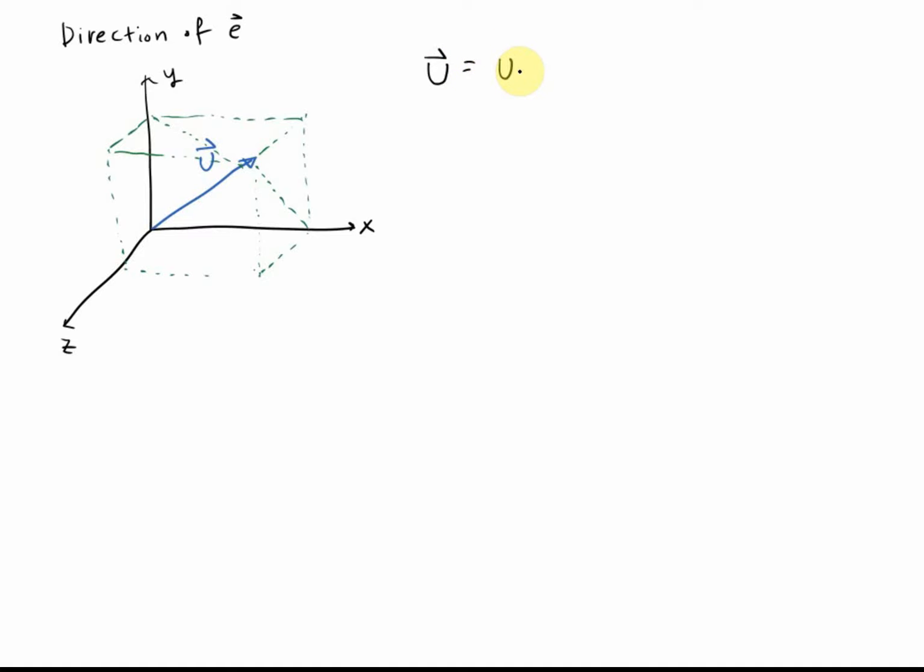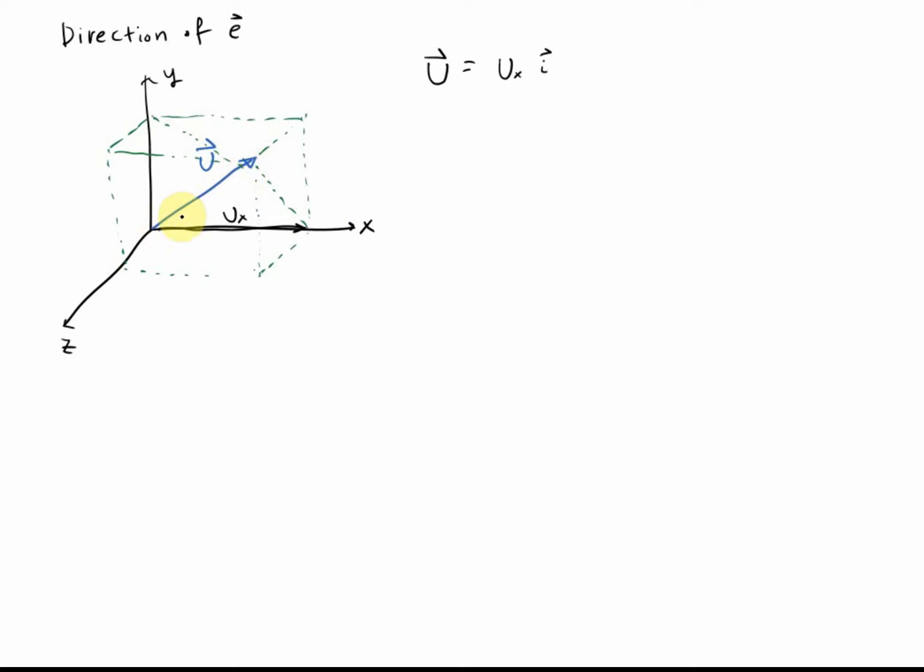So the u x component i, which means if you project u onto the x-axis, from here to here, this should be ux, right? Because if you project this u vector onto the x-axis, that's ux.